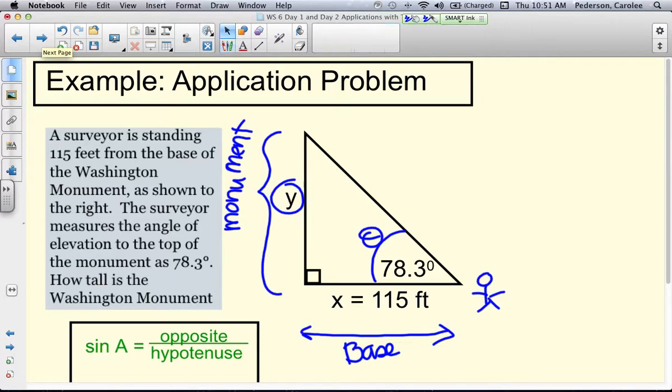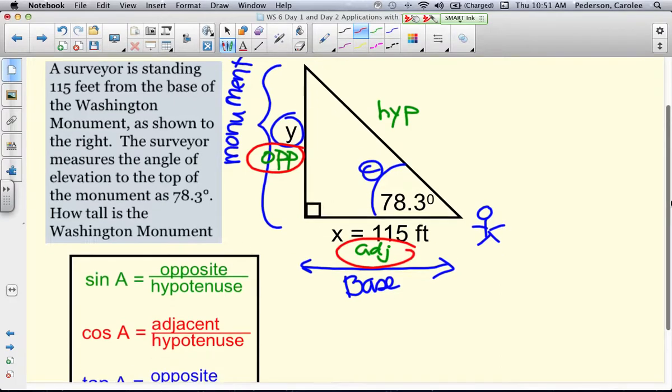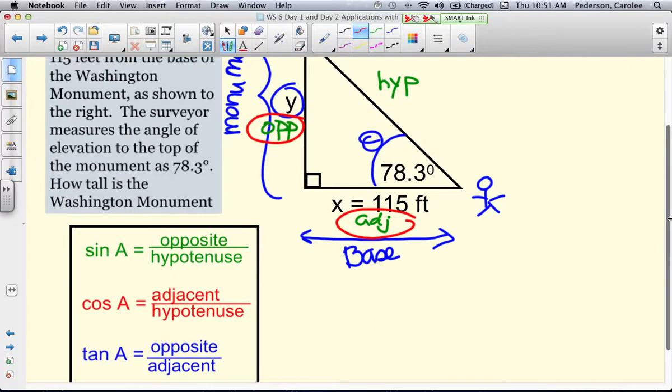So let's use right triangle trig again. Identify the three sides. This is side opposite. This is side adjacent. This is side hypotenuse. Now we have to choose the correct trig function. The trig function that we're working with is side opposite and side adjacent. So if we come over to our box, which one works with opposite and adjacent?